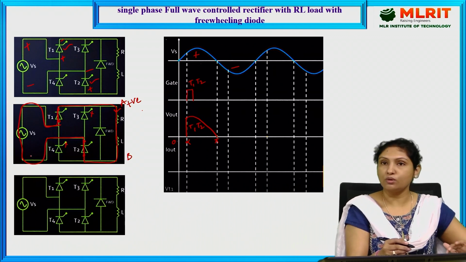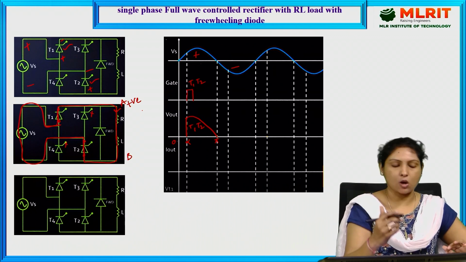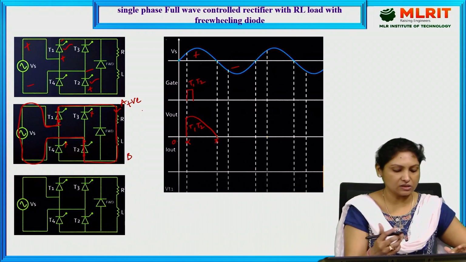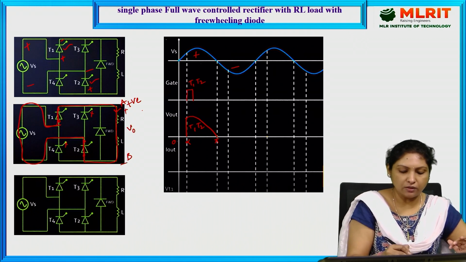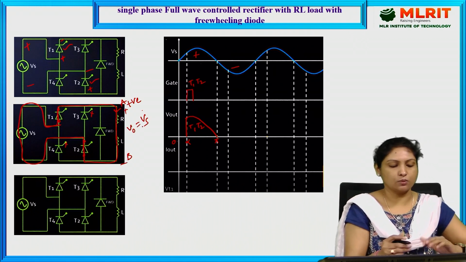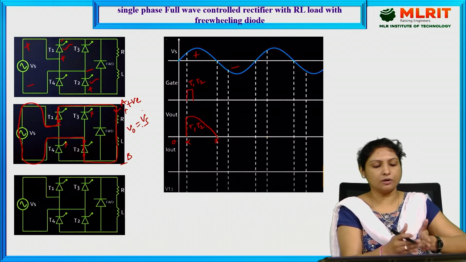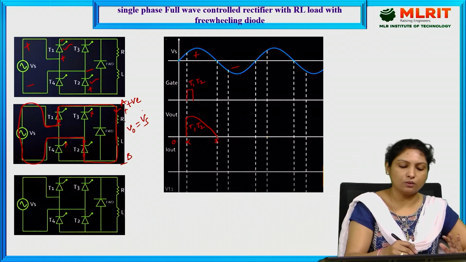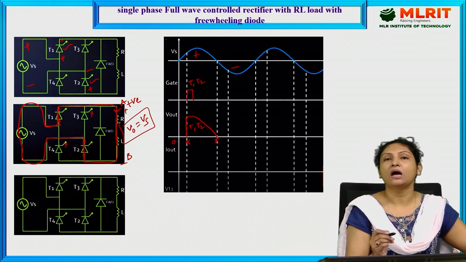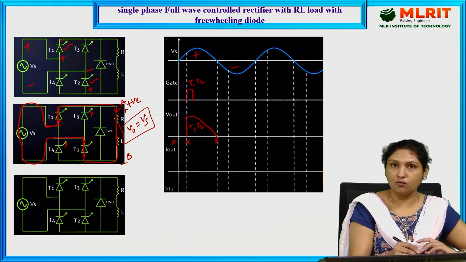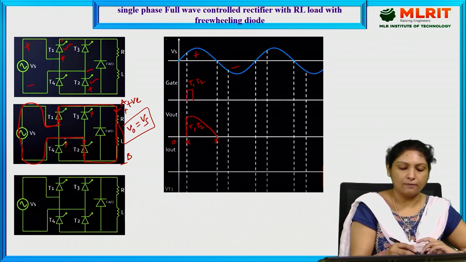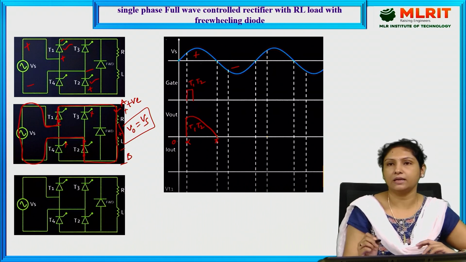The voltage which we are feeding as input is Vs, and the output voltage is V0 equal to Vs. Whatever voltage we are feeding appears across the load. That is how we get V0 equal to Vs. And here we have an inductor. When current starts flowing through the load, the inductor starts charging with certain polarities, positive and negative.